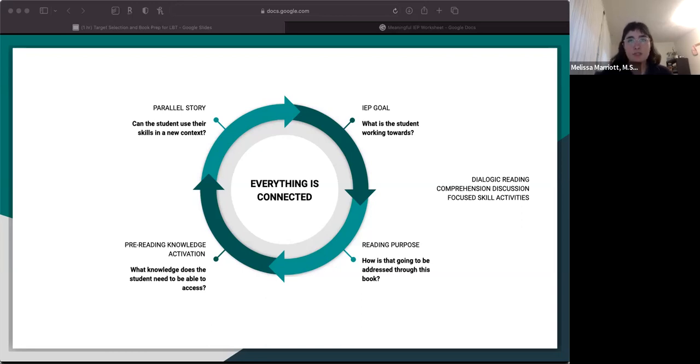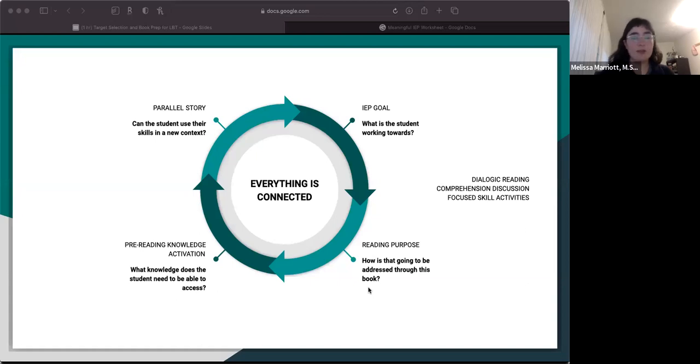And then that IEP goal helps inform what my reading purpose is. I'll show you an example of this in just a second. Then that reading purpose, whatever they need to know in order to achieve that reading purpose, whatever advanced knowledge or whatever skills they need to practice in order to do that, that becomes my pre-reading knowledge activation.